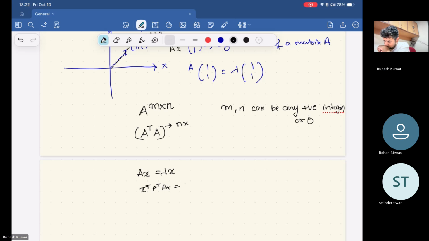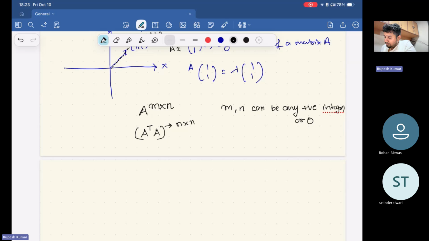Now let's multiply A transpose with it. So A transpose A x equals lambda times A transpose x. Can we say something from here? No, we can't say something directly here, but we know one useful property.